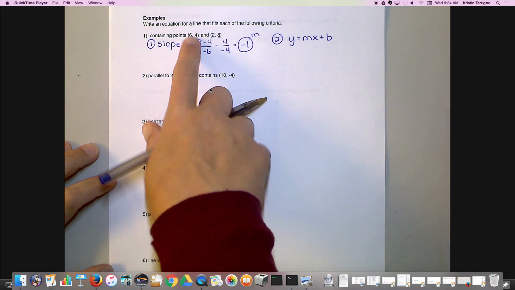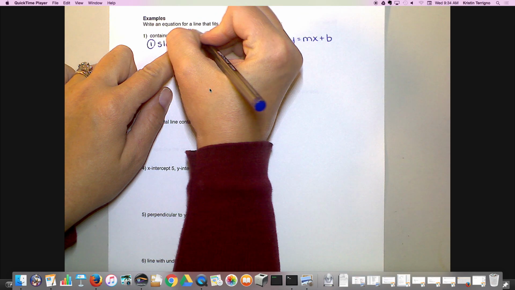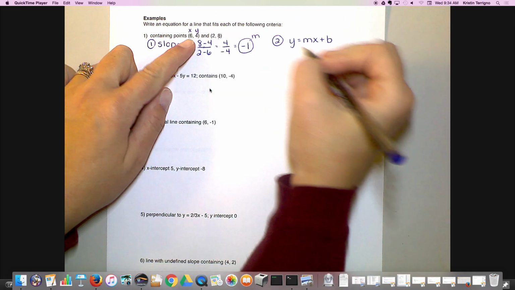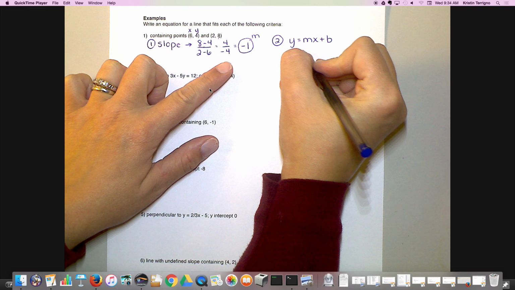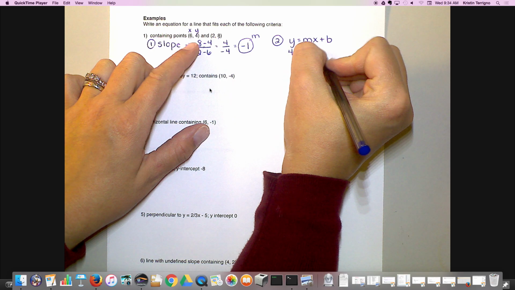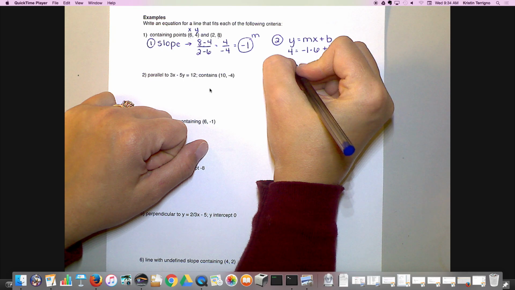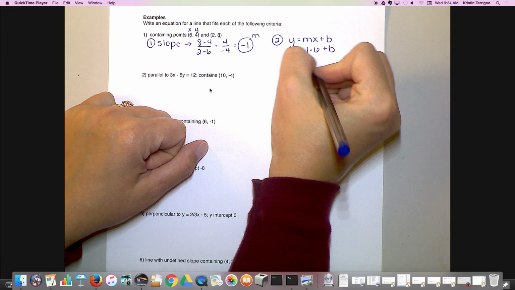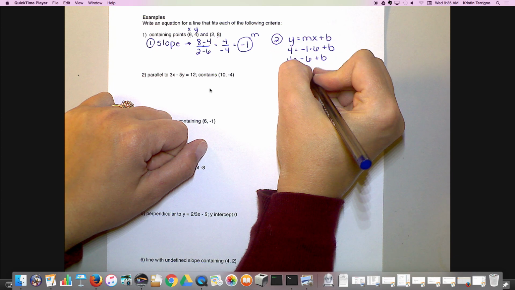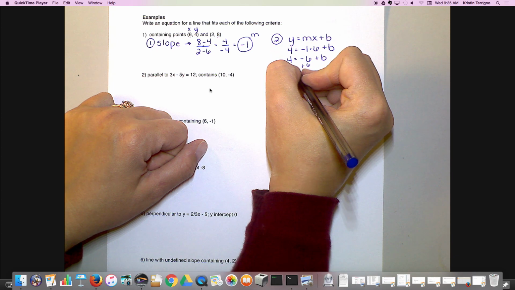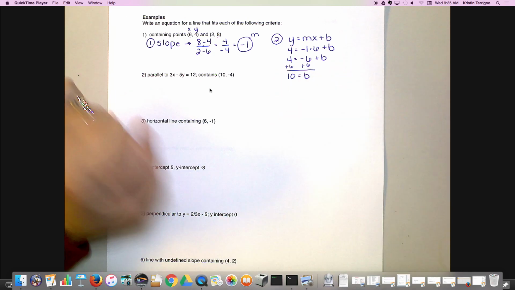So I'm going to just go with 6 and 4. Okay, I'm going to plug these in as my x and my y. And so I'm going to go 4 equals, my slope I said was -1 times 6 plus b. That gives me -6 plus b. And then I'm going to add 6 to both sides. And I come out with +10 for my b value.